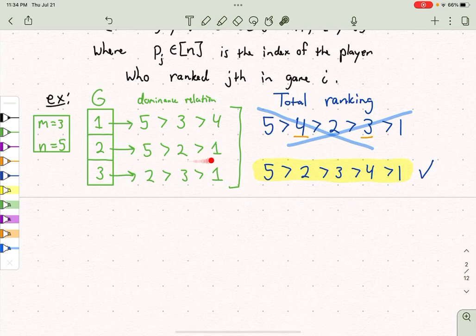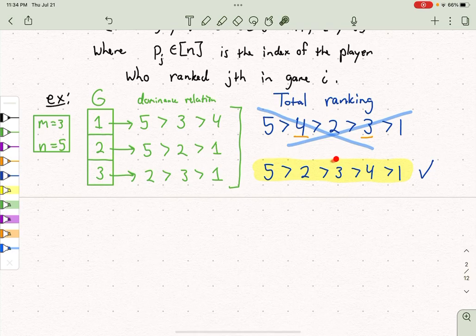Now, given these individual game rankings, here's one potential total ranking. So 5's at the top, which makes sense because 5's winning a lot. Then we have 4, 2, 3, and 1. Now, this ranking would not work because we put 4 above 3. However, here's a game in which 3 beat 4. So if there exists a game where 3 beats 4, 3 would have to be before 4 in the list.